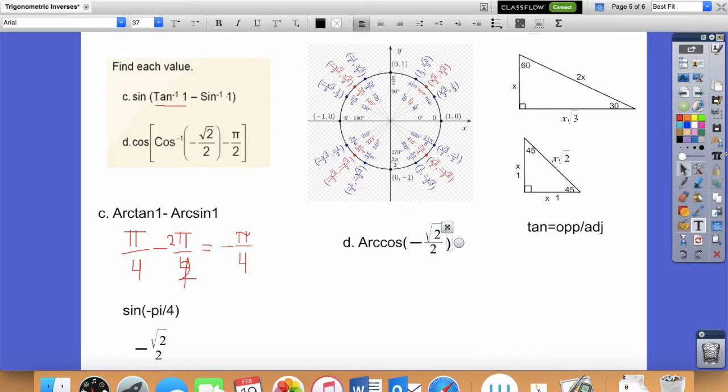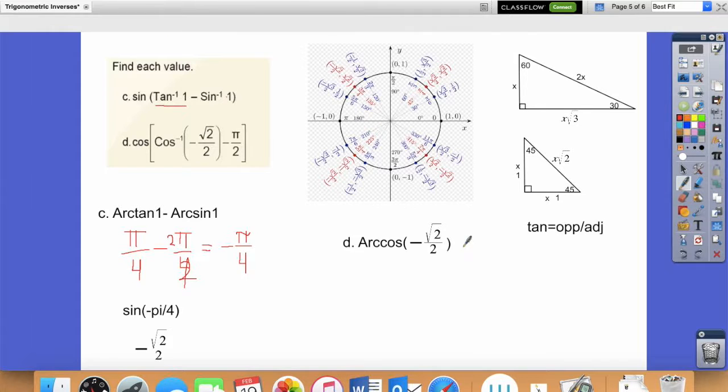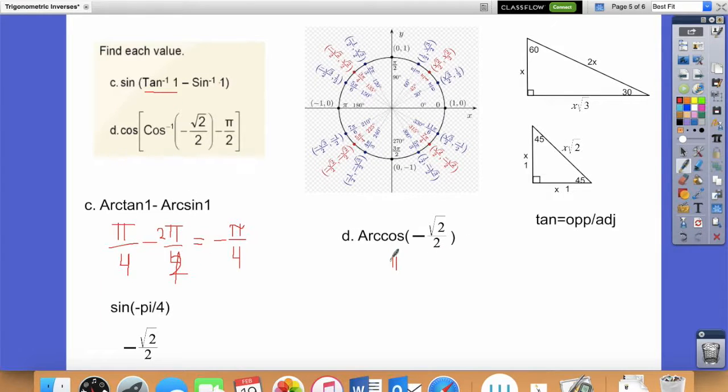And now we just look at our unit circle and say, when is it root 2 over 2 for cosine? And it looks like, again, it's pi over 4. So that means this whole chunk right here becomes pi over 4. And now we bring down our minus pi over 2, which we've already solved.